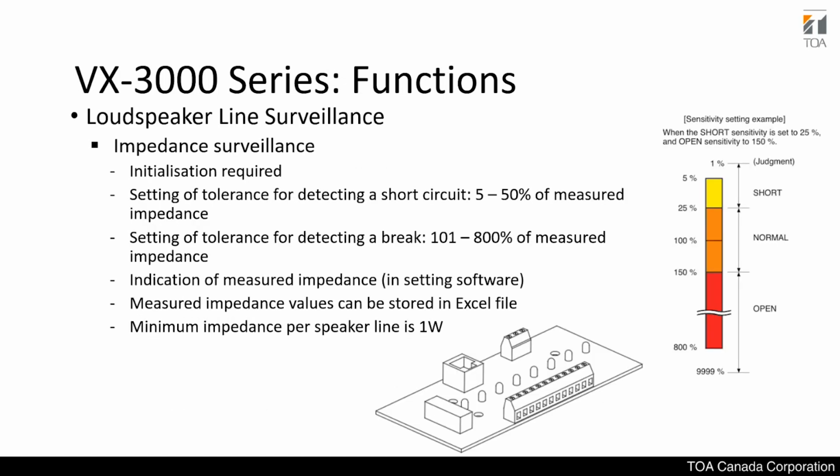As mentioned earlier, the VX3000 has a speaker line surveillance. The way it works is via doing an initial reading and initialization. It reads the current impedance of the speaker line that is available, and then you can program a tolerance range that will be the allowable threshold, such that when that threshold is exceeded, either a contact can be triggered or a line failure is triggered.